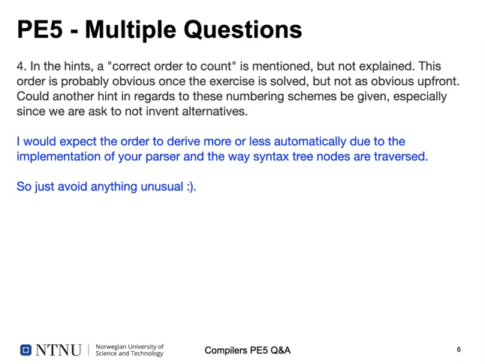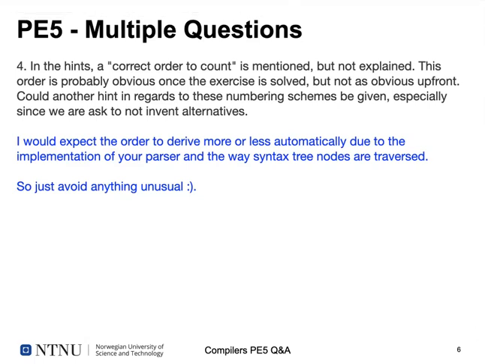I would expect this order to derive more or less automatically from the implementation of your parser and the way you construct your syntax tree and traverse your nodes. So what we meant with this: don't try to invent any unusual numbering or something special, like generating random numbers. Just use them more or less in the order they appear in the code when you walk your syntax tree.